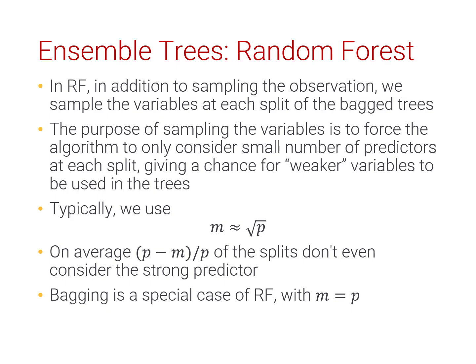The hyperparameter controlling the number of variables considered at each split plays a crucial role in balancing diversity and accuracy. With its ability to handle high-dimensional datasets, robustness to noise, and built-in feature importance measures, random forest has become a go-to technique for many machine learning tasks, including classification, regression, and anomaly detection.